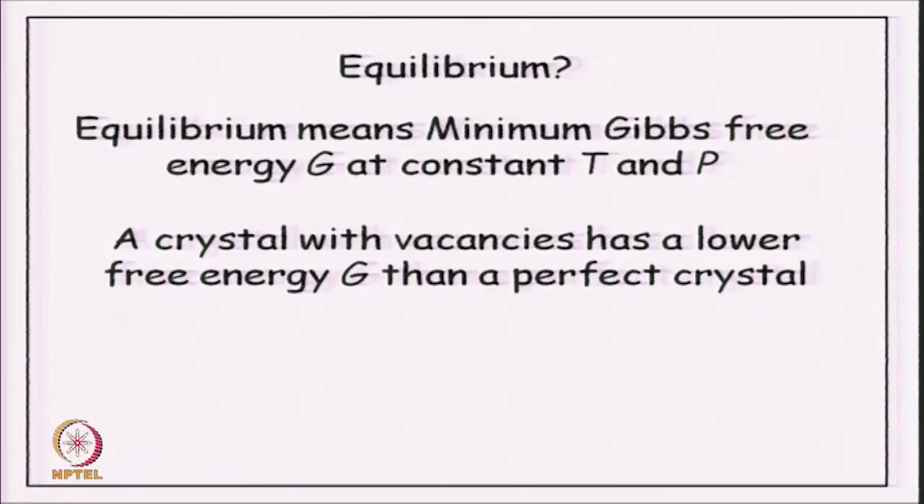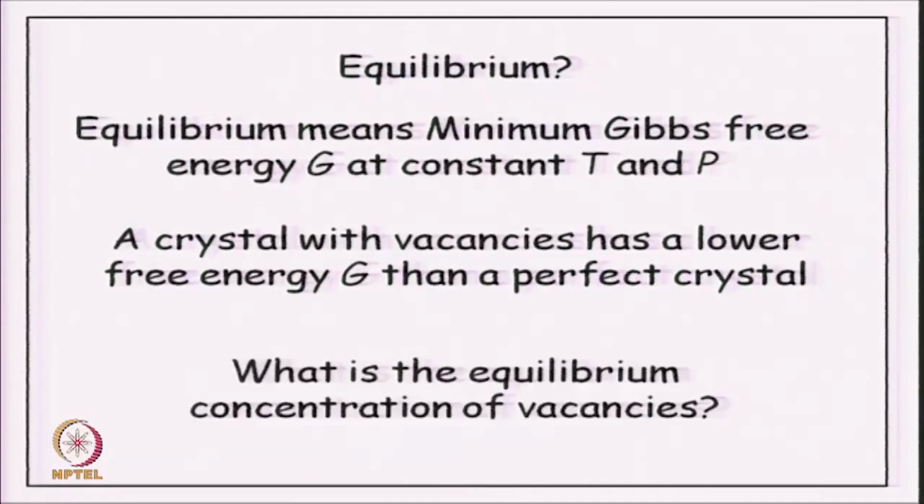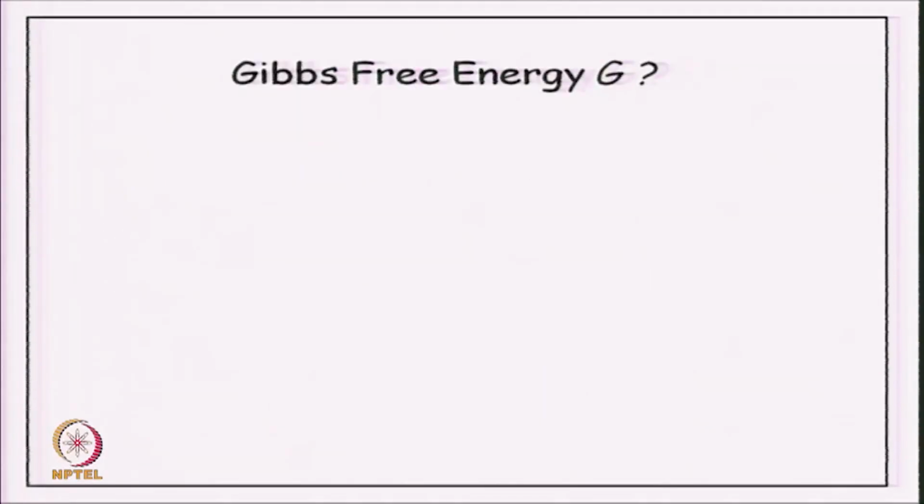Of course, this lowering cannot continue forever, otherwise all sites would be vacant, and there will be no crystal. So, there will be a certain equilibrium concentration which will minimize the free energy of the crystal. So, what is that equilibrium concentration of vacancy? We will try to formulate this or try to answer this question.